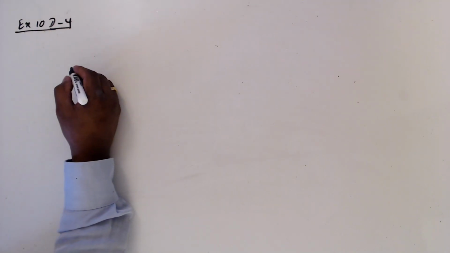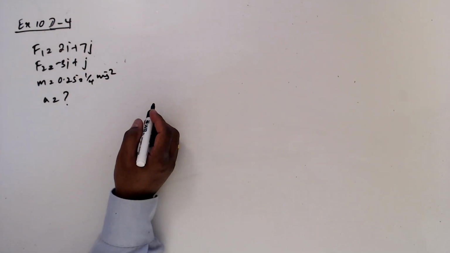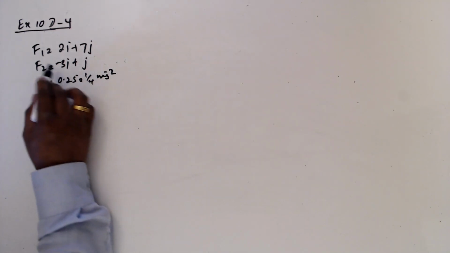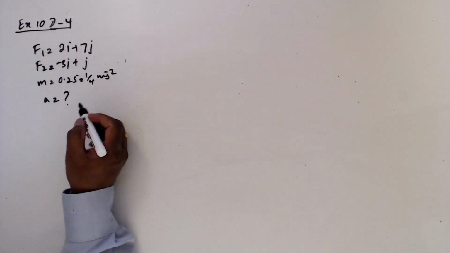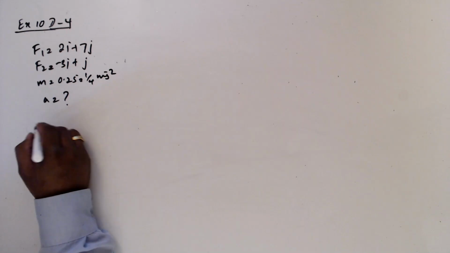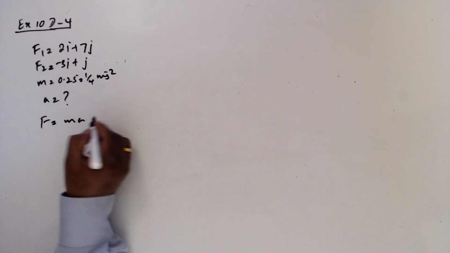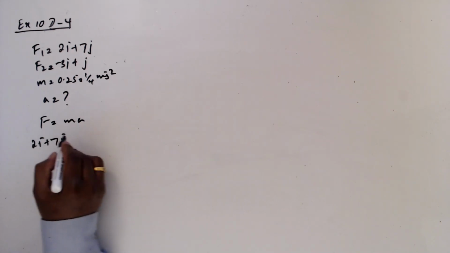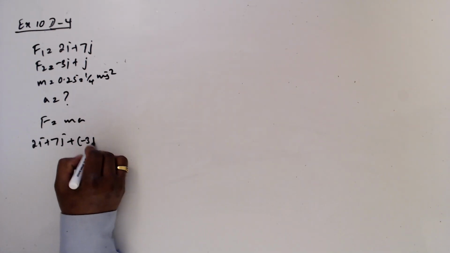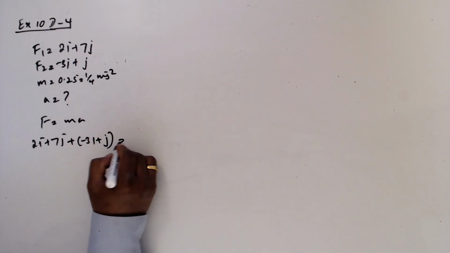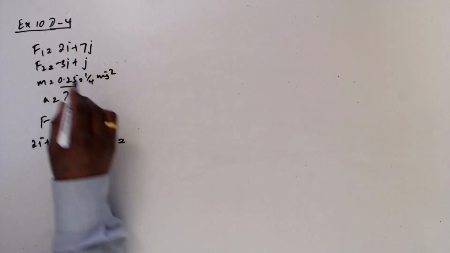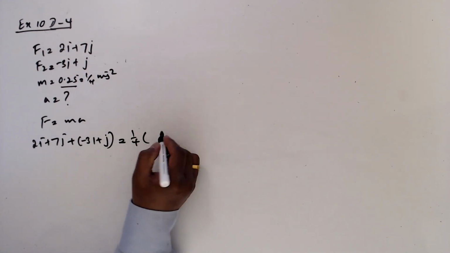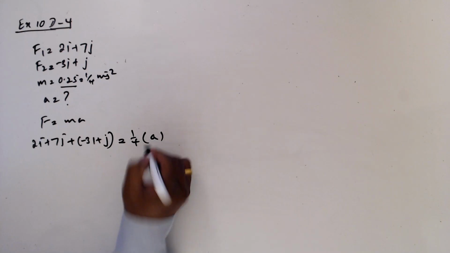Question number 4. We need to find the acceleration, given F1 and F2. F equals ma. There are two forces: 2i plus 7j plus minus 3i plus j equals m, which is 0.25, I write 1 over 4, times a.